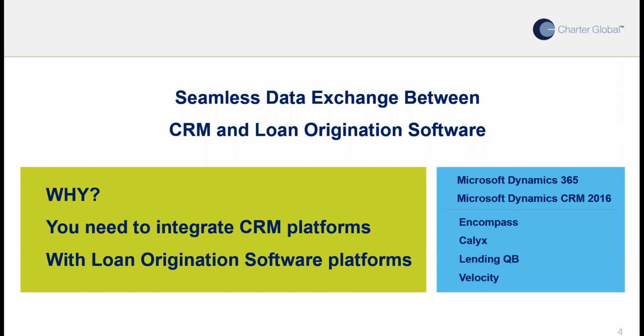You provide the same services to your members and customers that are available to financial clients in urban, financial, and high-tech hubs. It's crucial for you and your employees to be able to properly communicate with your current and potential clients and investors. You need to integrate your standalone Microsoft CRM platforms with your LOS platforms, such as Calyx, Encompass, LendingQB, Velocity.